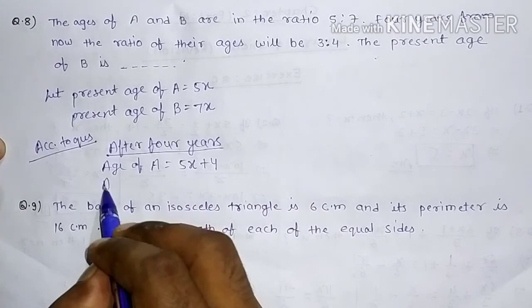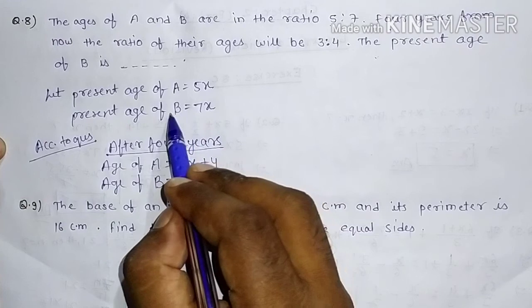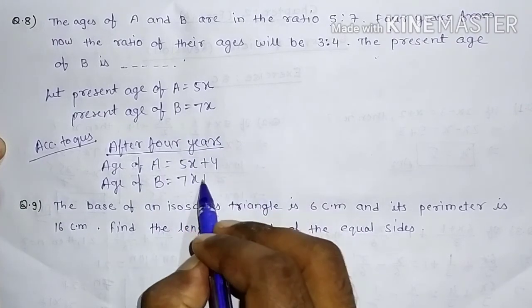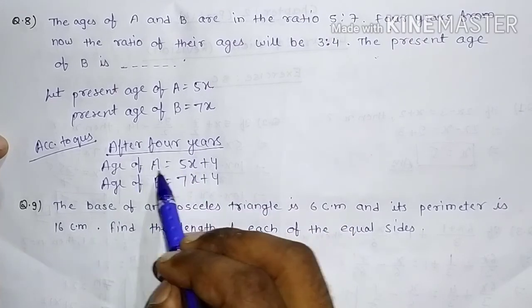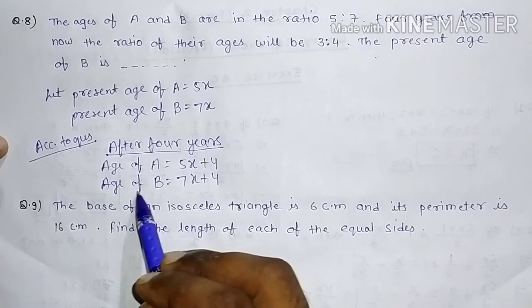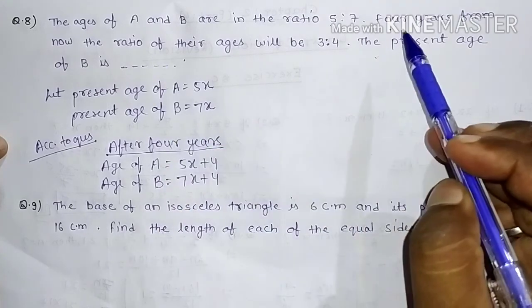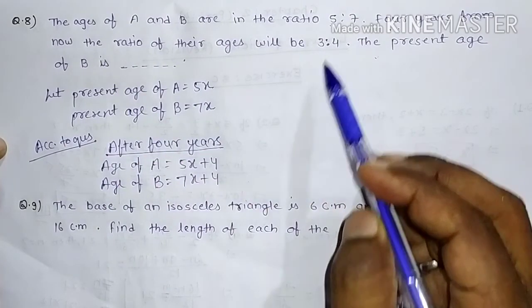Similarly, the present age of B is 7x, so after 4 years the age will be 7x plus 4. Now, according to the question, 4 years from now the ratio of their ages will be 3:4.